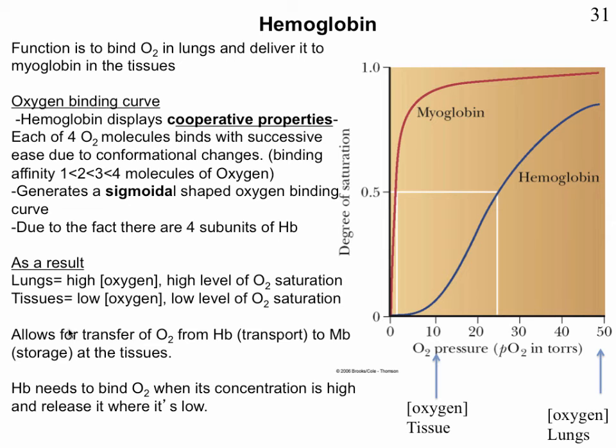It allows hemoglobin to pick up oxygen in the lungs and then go to the tissues where it has low affinity, where the oxygen is lower, and then deliver the oxygen to myoglobin in the tissues. So basically, hemoglobin binds to oxygen when the concentration is high, and then it releases it when it's low.